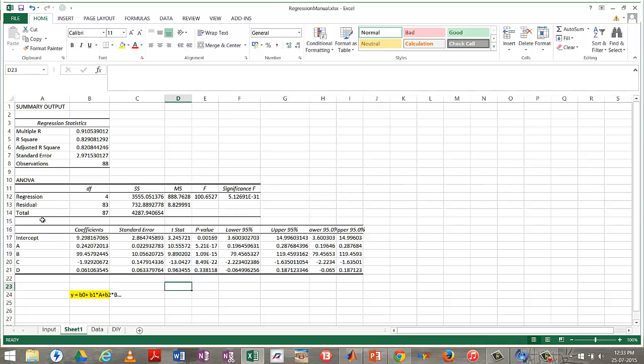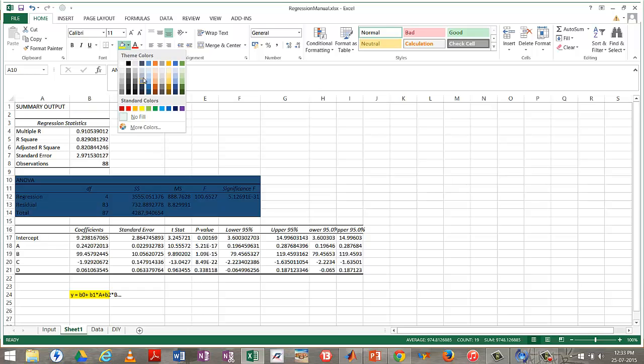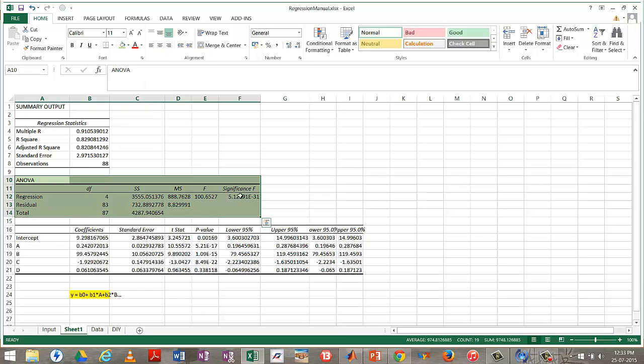Now in addition to these individual statistics associated with each individual term, you also have an overall statistic that's being captured through this ANOVA. So I'll just give that a different color. The idea with the ANOVA is that you're trying to see how much of the variation comes from the regression model, and this cell is the equivalent of the mean square between.